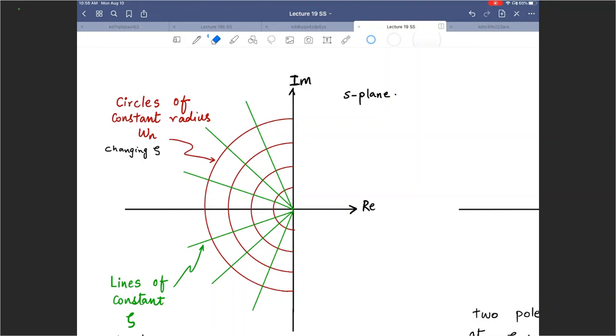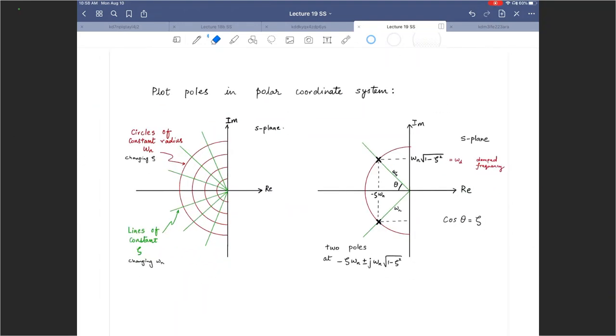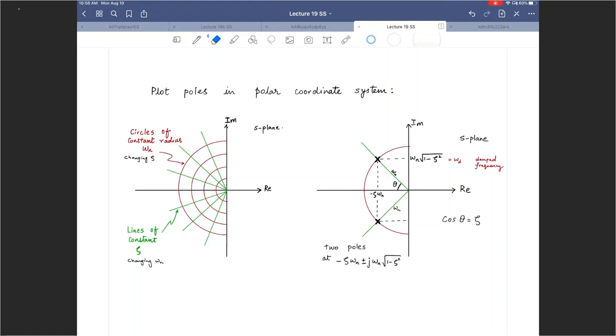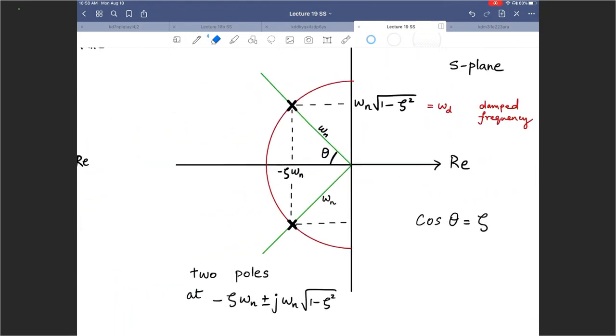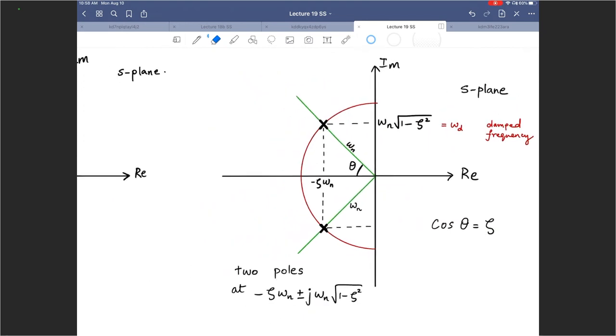And there is a reason why we are doing this, because this impacts the overall stability of the system. So we need to make sure how the stability depends on zeta and omega n. Now on this other sketch of the S-plane, we have taken two poles. Those two poles are at some omega n and some zeta: minus zeta omega n plus or minus j omega n square root of 1 minus zeta squared.